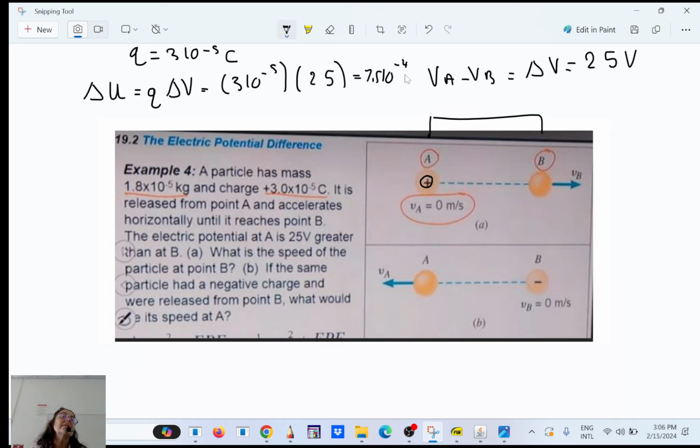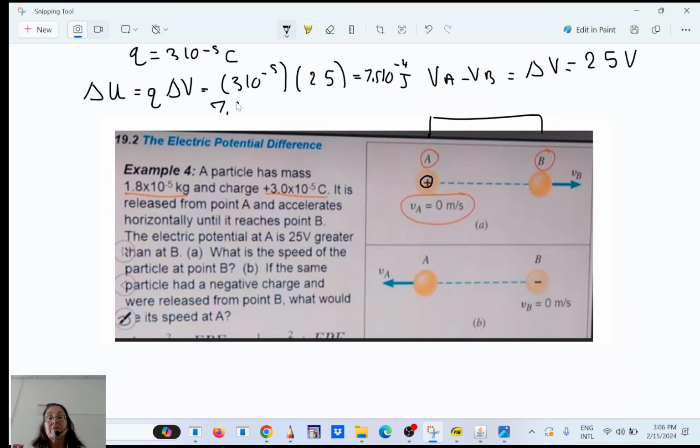Who said that? What's your name again? Mattel. 7.5 times 10 to the negative 4 joules, yes. All that potential energy is going to turn into kinetic energy.